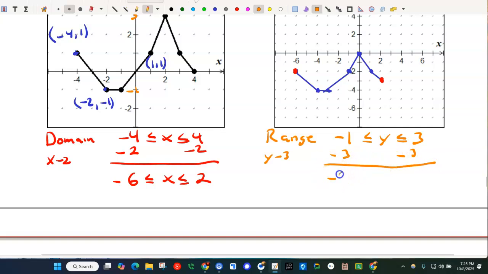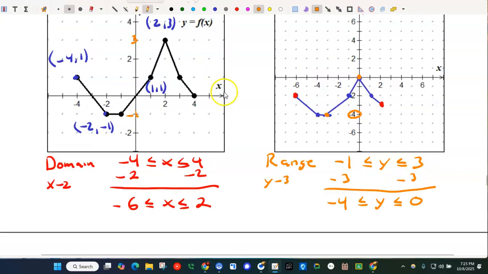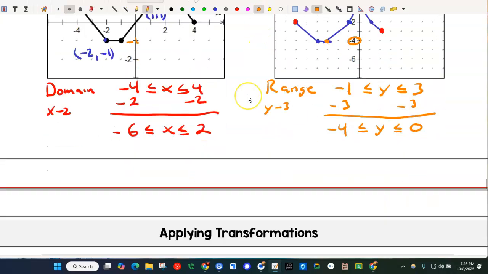So it looks like we have negative 4 to 0. And we can double check that here. Yep, the lowest point is negative 4, highest point is at 0. Perfect. All right, let's carry on.